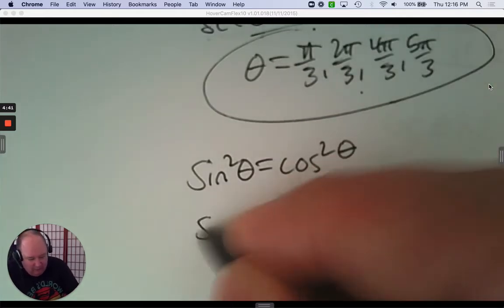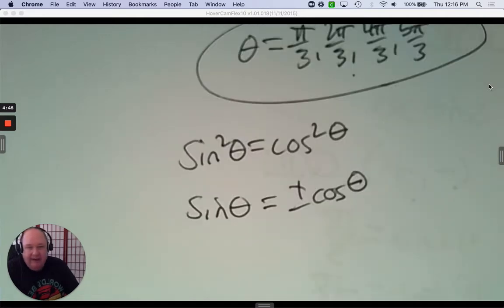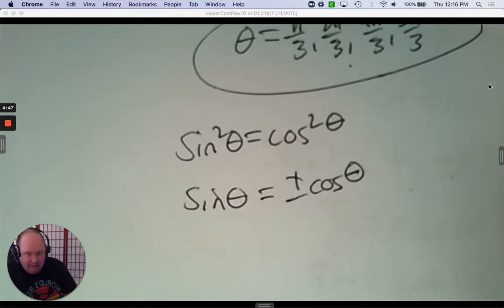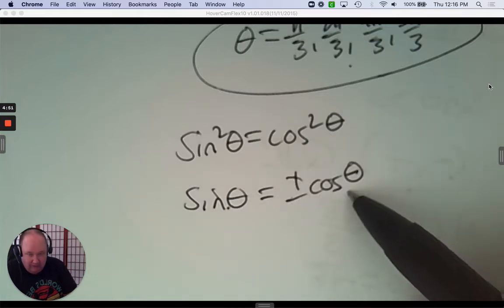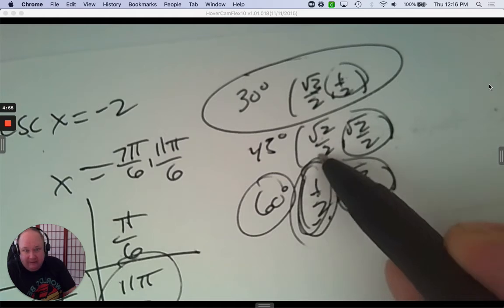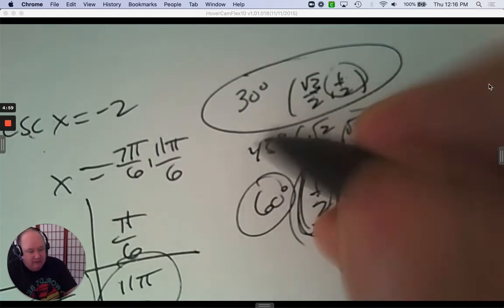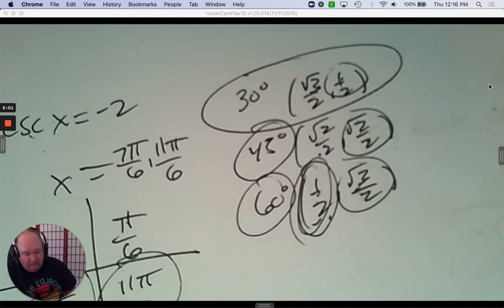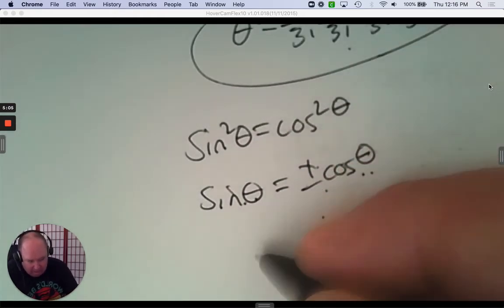If I square root both sides, I end up with that. And what I'm looking for is, where is sine theta equal to positive, or where is sine theta equal to negative? So in which of these angles is x and y the same number or opposite signs? So it's at 45 degrees. And again, it's all solutions because it's positive and negative from 0 to 2 pi.